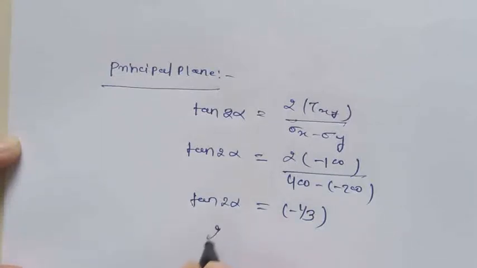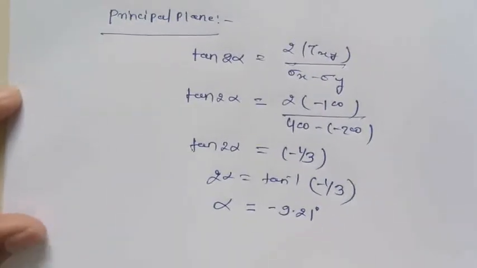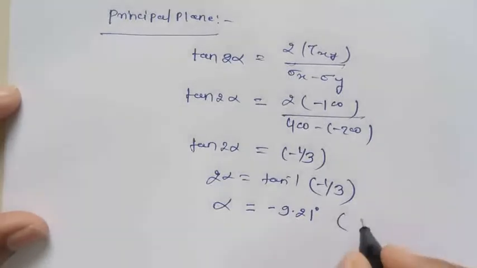So 2 alpha will be tan inverse of 1/3. So alpha will be nothing but minus 9.21 degree. This minus sign shows that this is the anti-clockwise direction.